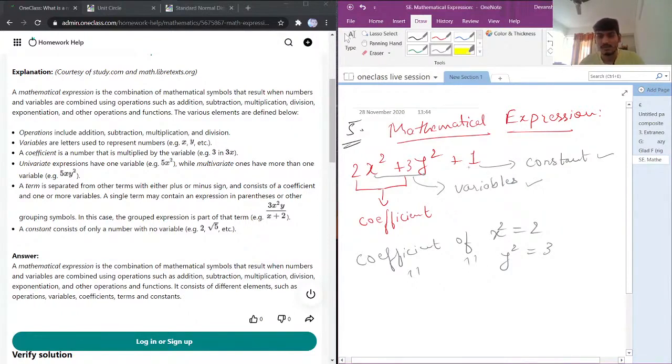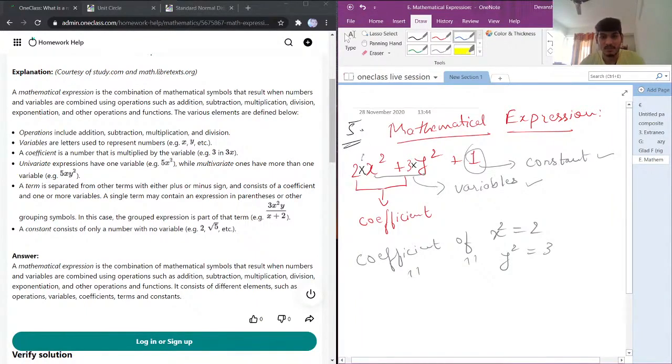Now a number written alone, or a number which is not multiplied with any variable, is basically just a constant term. So in this we have constant as 1, and then the operations we have used. Here I have not mentioned it, but 2 is multiplied with x square, 3 is multiplied with y square. I'll choose a different color.